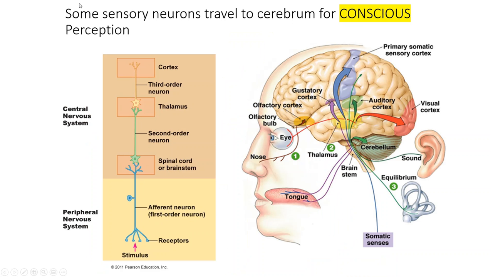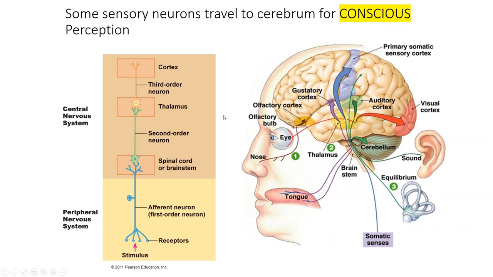Okay, so now first of all, we have to understand that some sensory neurons travel to the cortex, and in that case we talk about conscious perception. Remember that most of your sensory functions travel through the thalamus, right? We know that that's the boss basically, many of the sensory functions and stimuli arrive to the cortex from there.